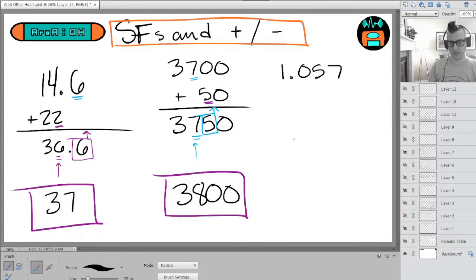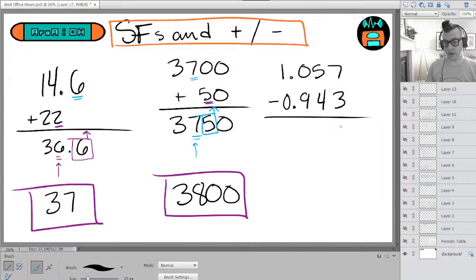All right, let's do one last example. 1.057 minus 0.943. Punch this into your calculator. Our answer would come out to be 0.114.